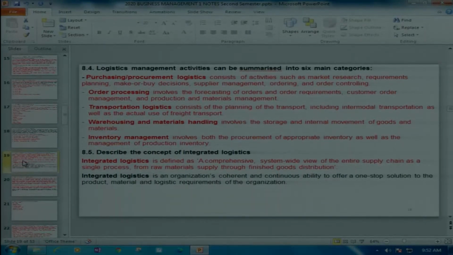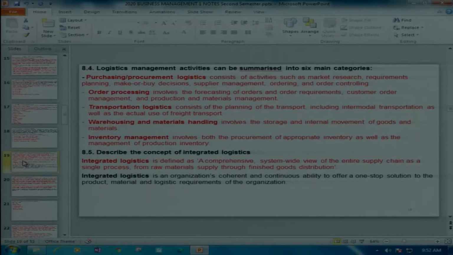Purchasing or procurement logistics consists of activities such as market research, requirements planning, make or buy decisions, supply management, ordering, and order controlling.